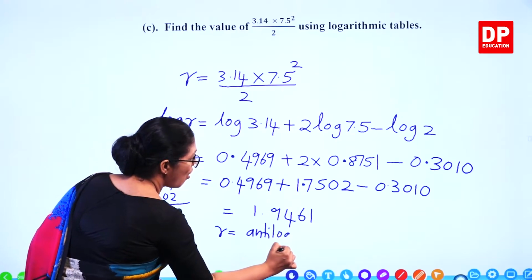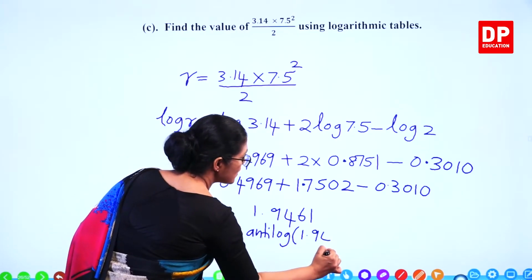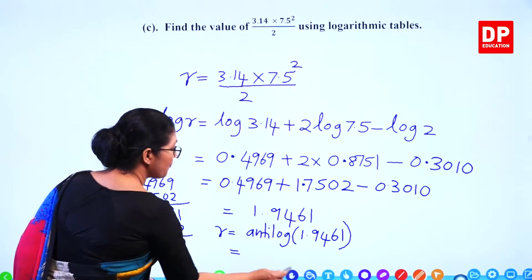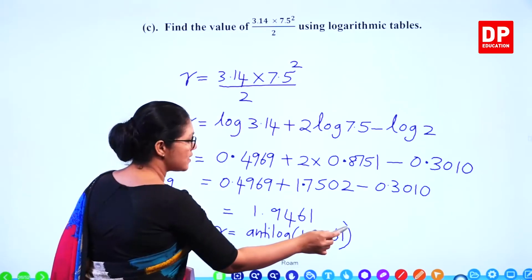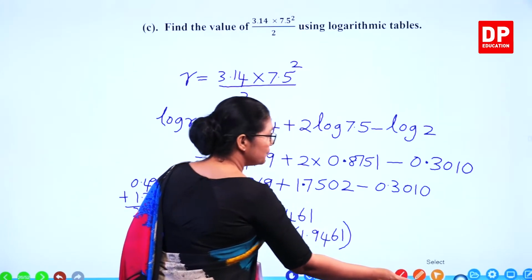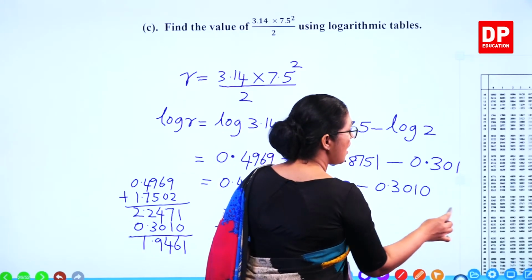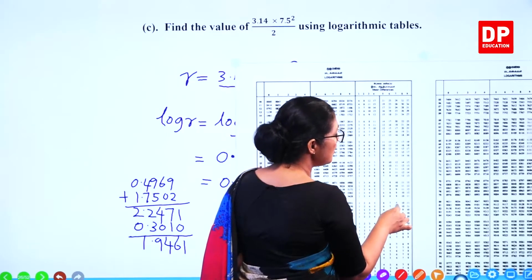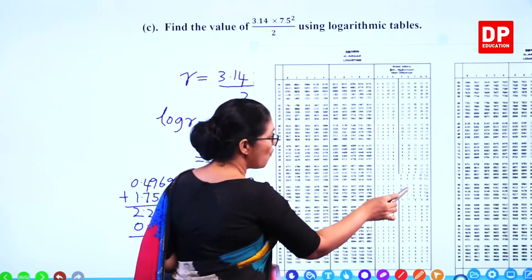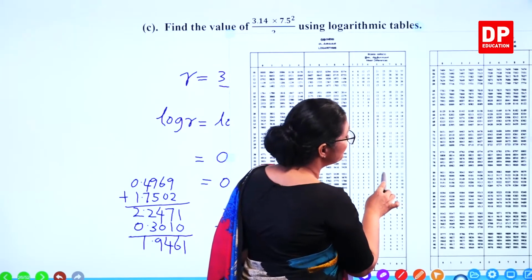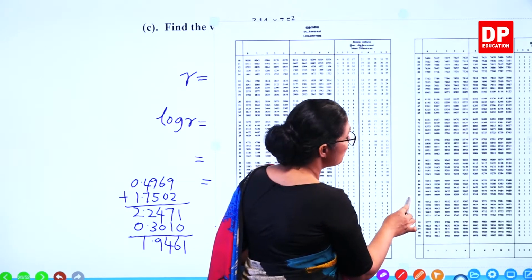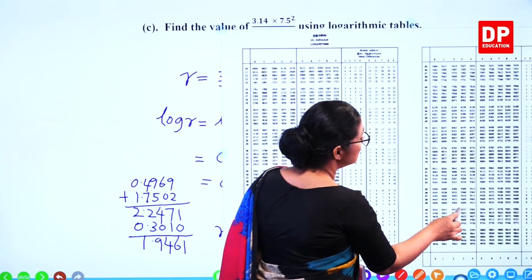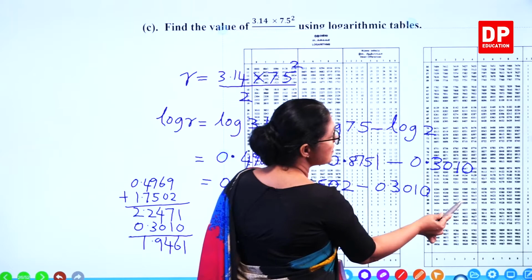Antilog of 1.9461. Now refer to the table and see where you get 9461. You have to refer to the second table. 9461. Where you get 94, 61. 60 is there.